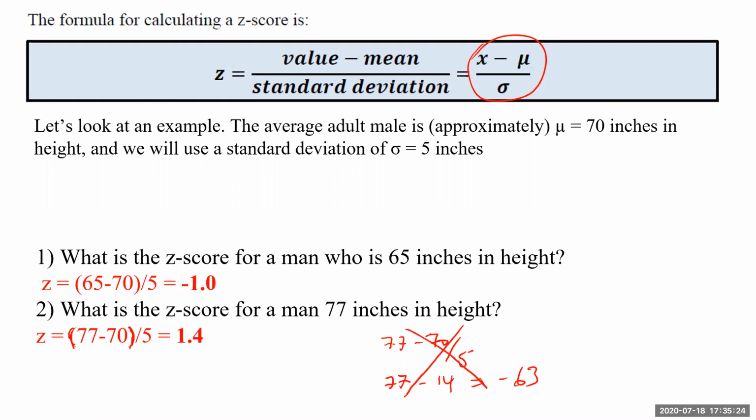So if you put everything in your calculator, make sure you introduce parentheses: 77 minus 70 in parentheses, and then you divide by 5. That way everything divides by 5 and you get the right answer.